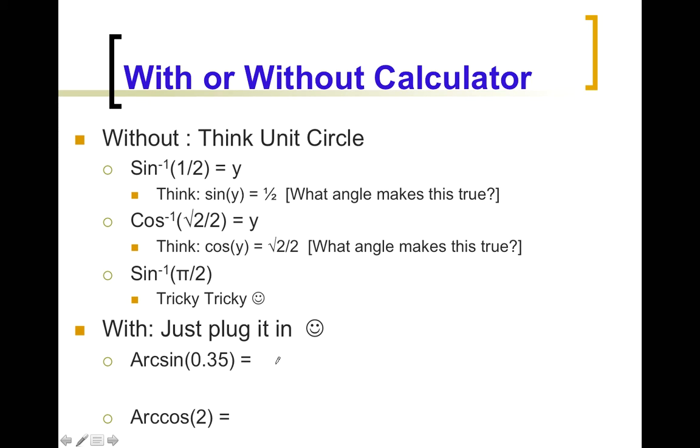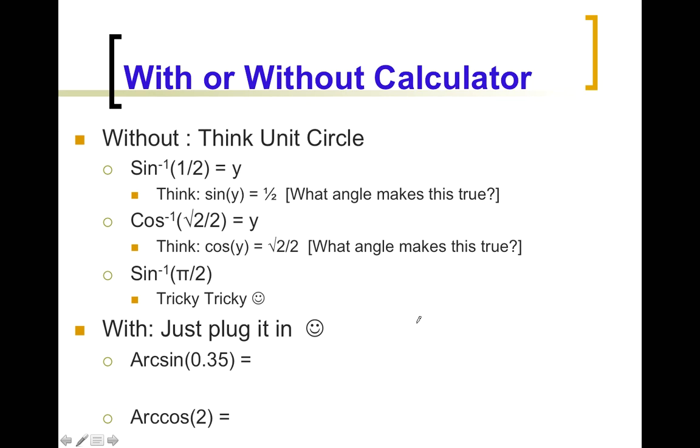And here's the big thing. If you're in radian mode, your answer is going to be a radian measure. If you're in degree mode, then your answer is going to be a degree measure. So make a note of that. You could have a different answer than your neighbor depending on whether you're in degree or radian mode.